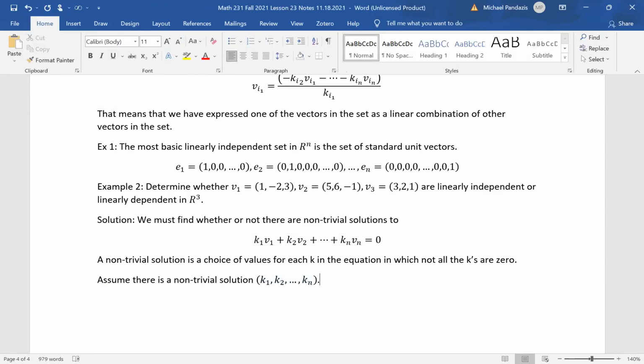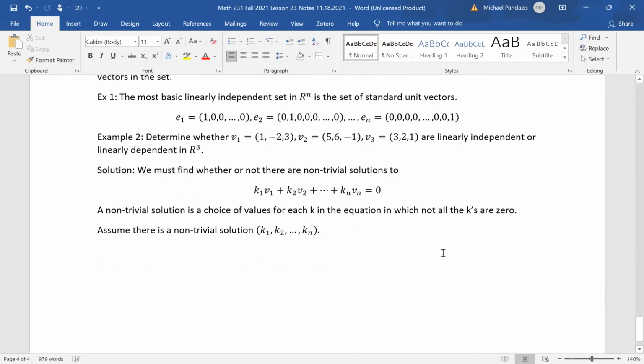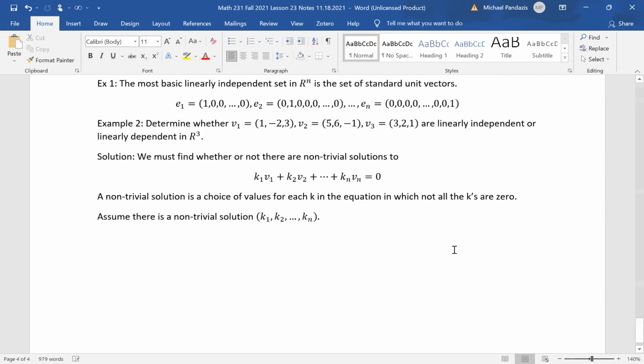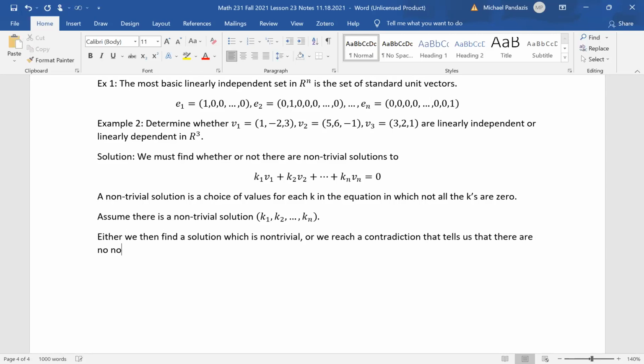Either this assumption is true and we find the solution, which is non-trivial, or it's false and we reach a contradiction that tells us that there are no non-trivial solutions.